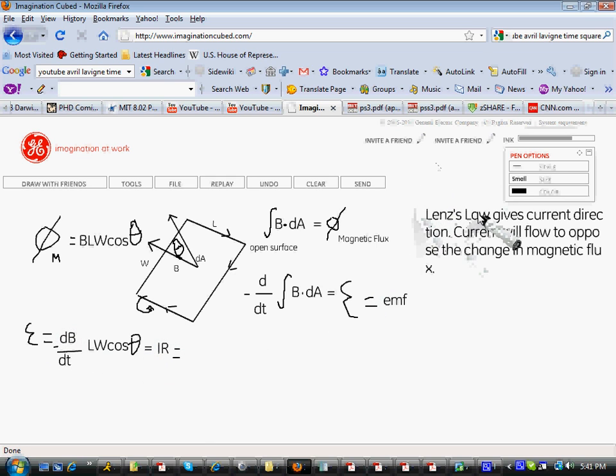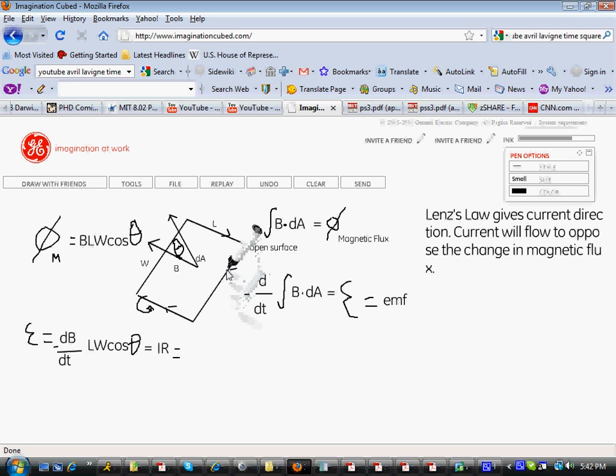And Lenz's law, I wrote it up here, gives you the direction that the current is going to flow. Lenz's law says that the current is going to flow to oppose the change in magnetic flux. Now, what does that mean? Well, in our example, we have an increasing magnetic flux through the surface, as I've drawn it, because the magnetic field is getting stronger, and therefore the magnetic flux is getting stronger through the surface.